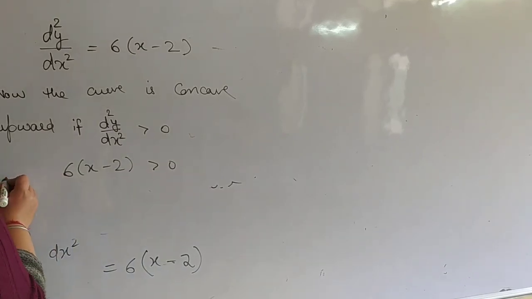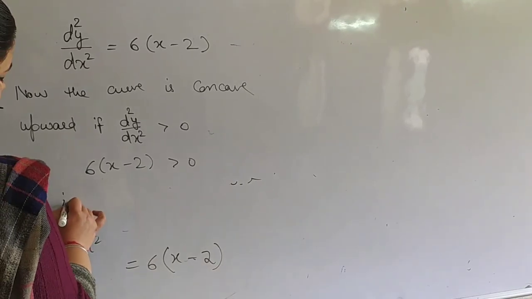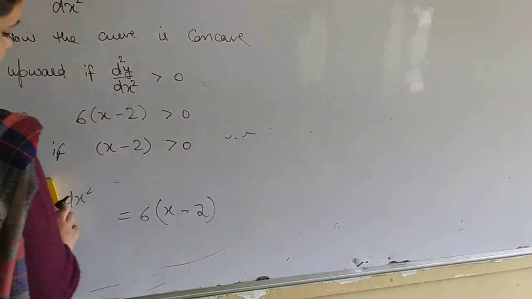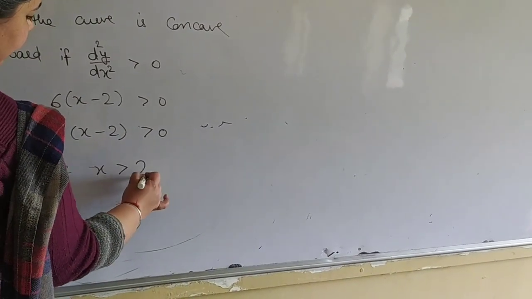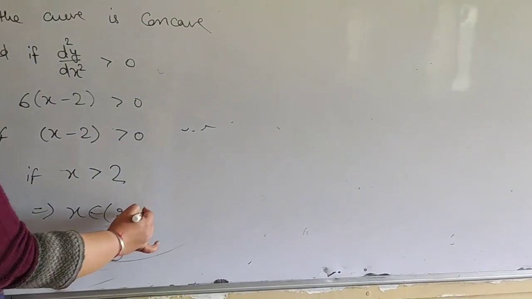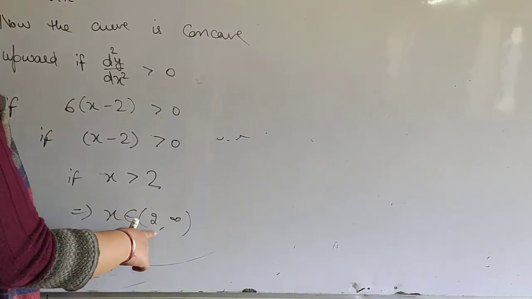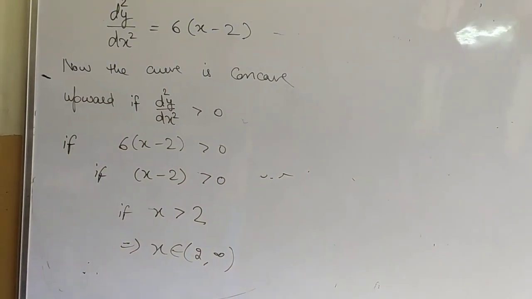If x minus 2 is greater than 0, if x is greater than 2, that implies x belongs to the interval 2 comma infinity. So whenever x is greater than 2, our curve will be concave upward.